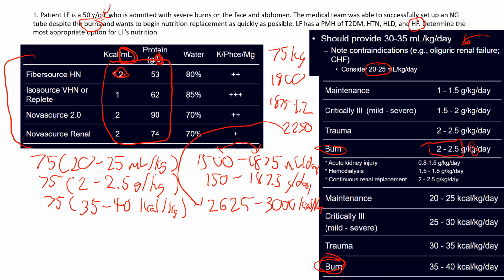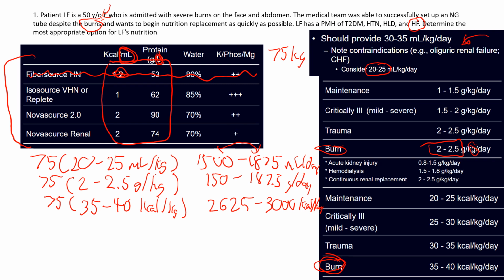So this is good and bad, right? We can't use this bag at all, but at least now we know that fiber source HN really isn't a viable option for what we need to do. So at least for this problem, we can just exclude it from our list. Even with our biggest amount of milliliters, we'll never be able to use it.